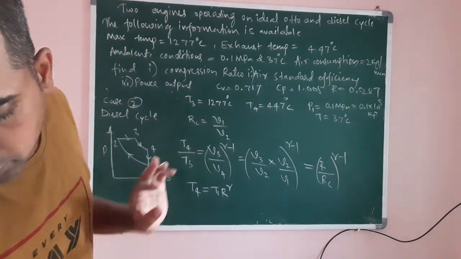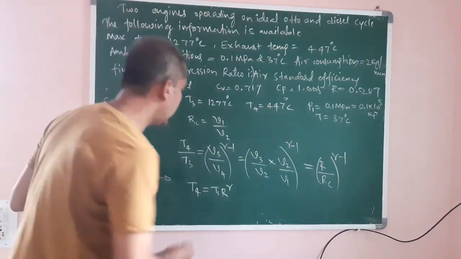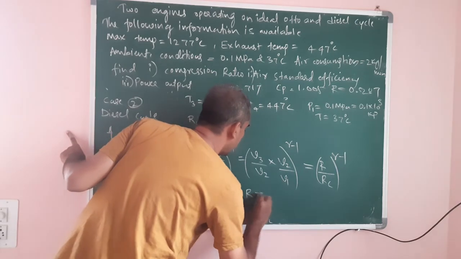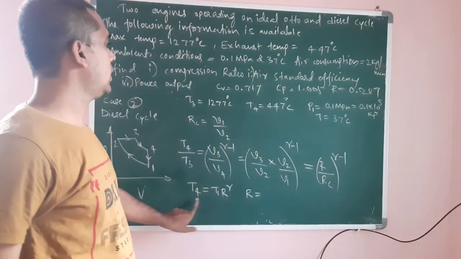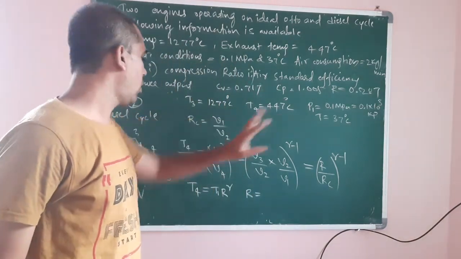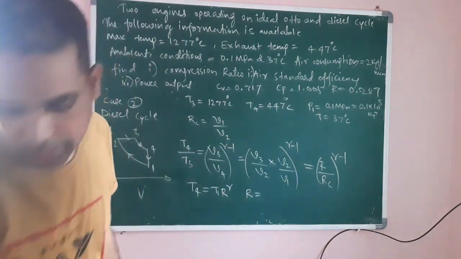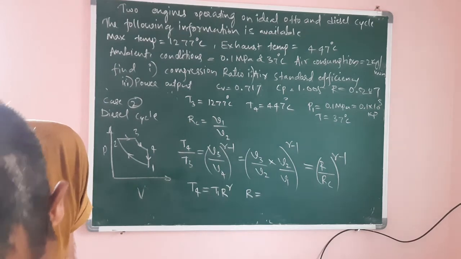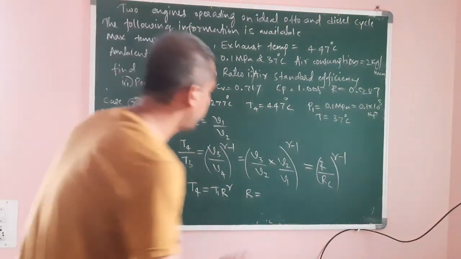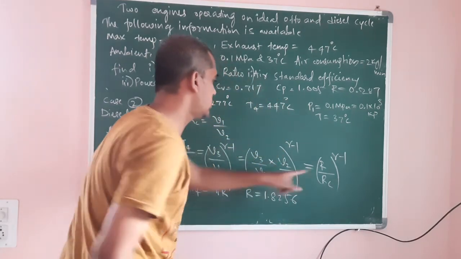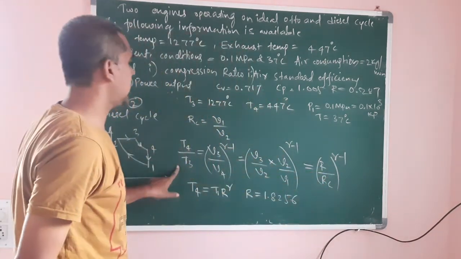Based on that, you can calculate r. We know T4 and we know T1, so we can calculate the r value. If T4 is 447, you have to substitute in Kelvin, and this one also in Kelvin. You will get the r value as 1.8256. Once you know r, you know T3 and T4.